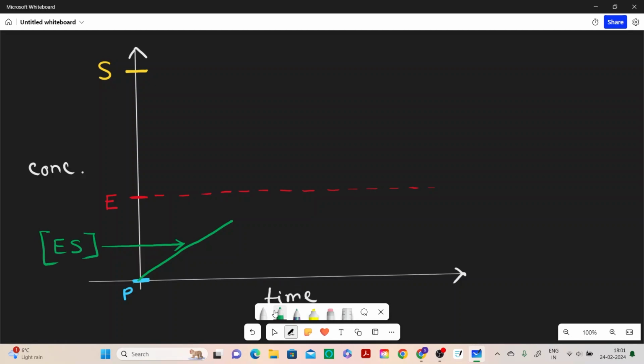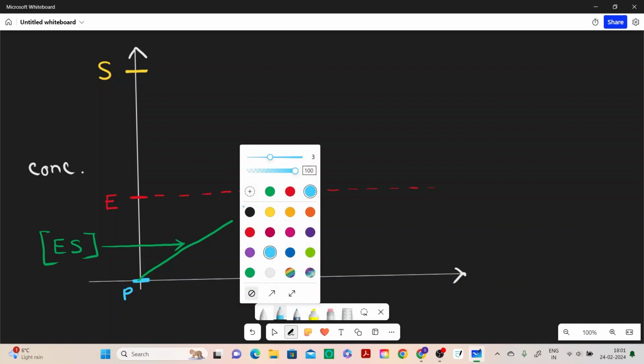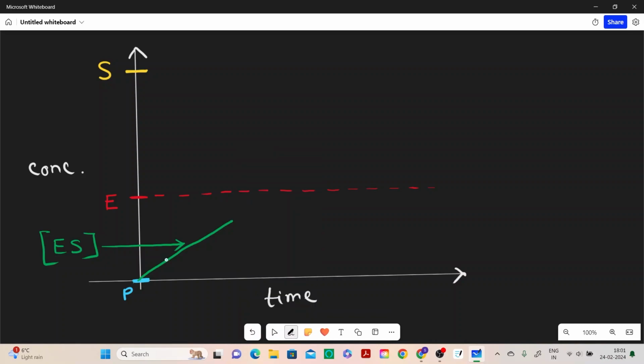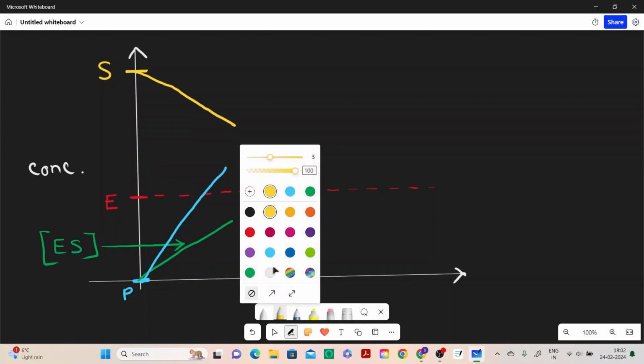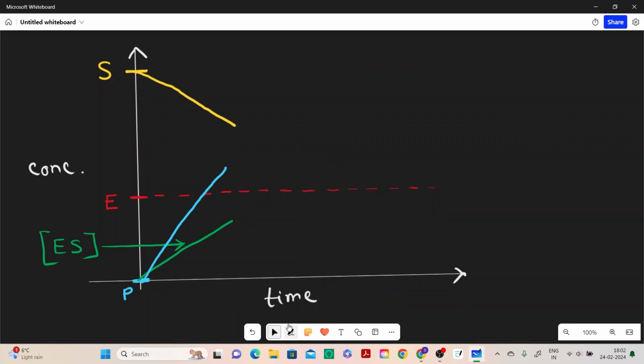What happens next is the product concentration will also go up, and the substrate concentration will come down, and though not extremely important for us right now, the concentration of free enzyme will decrease.